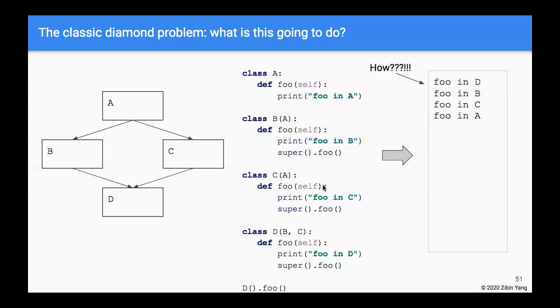As a motivation for this topic, remember this is the diamond of death problem that we briefly described in our study of multiple inheritance.